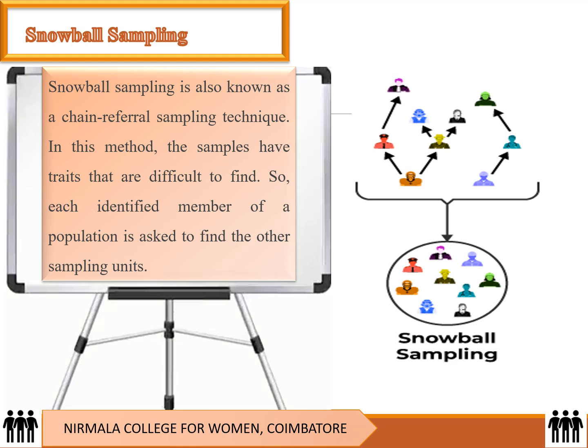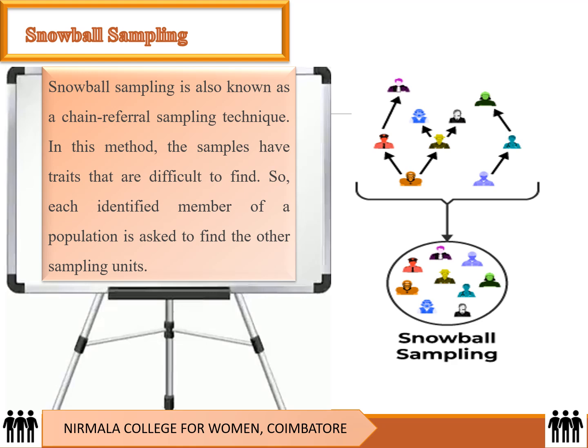So there is also one more example. If a psychologist researcher is doing research on transgenders, we cannot easily collect the information of transgenders because they live all over the place. So picking up the sample is very difficult.